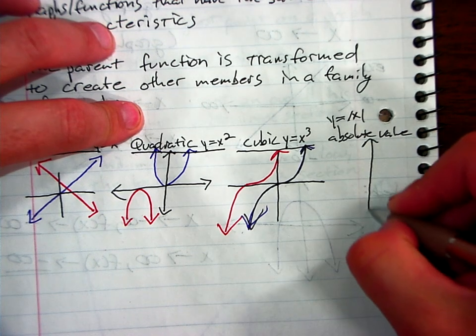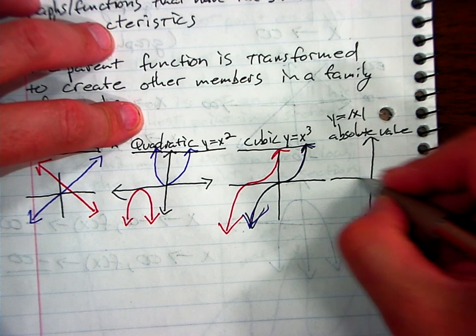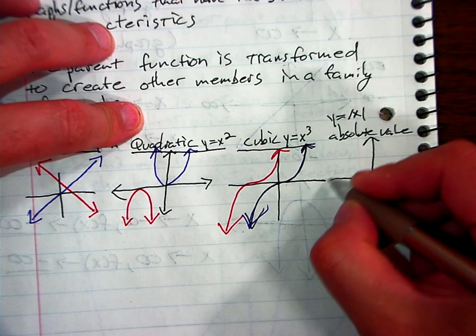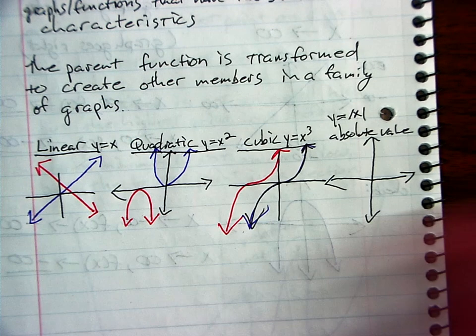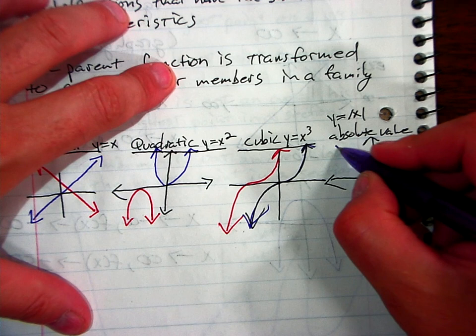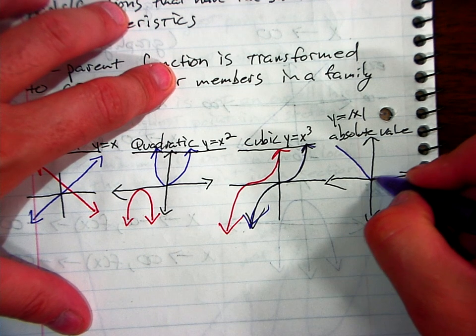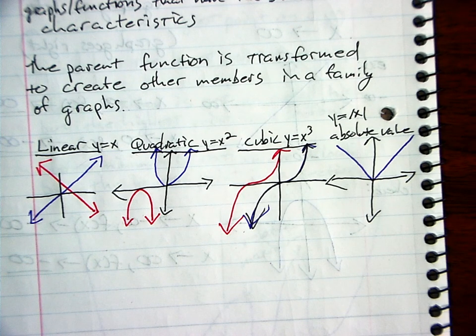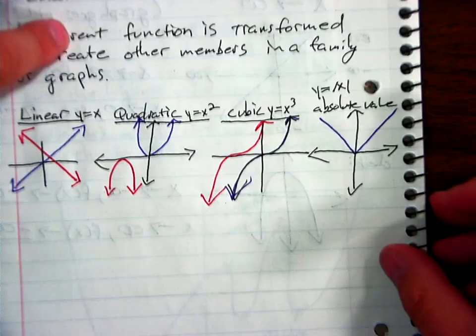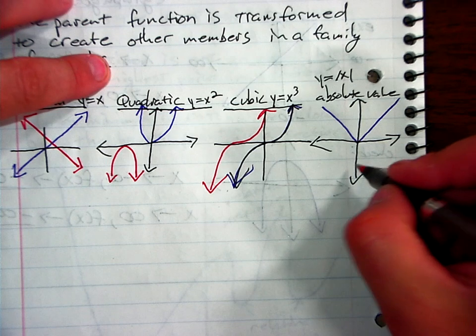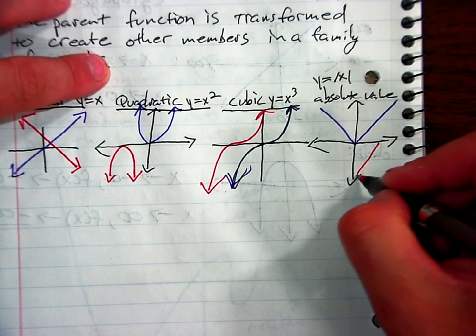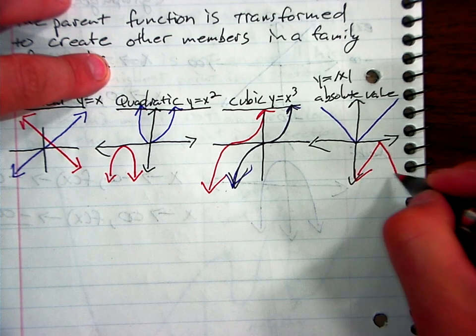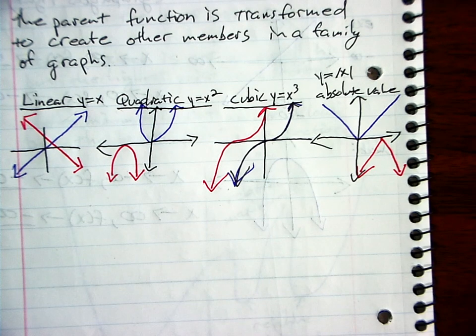And hopefully you remember back to an absolute value graph is a V-shaped graph that has a slope of -1 until it hits the origin, and then +1 right of the origin. And then I can transform that one. It's still an absolute value. It's just not at the origin opening up with a slope of 1 or -1.